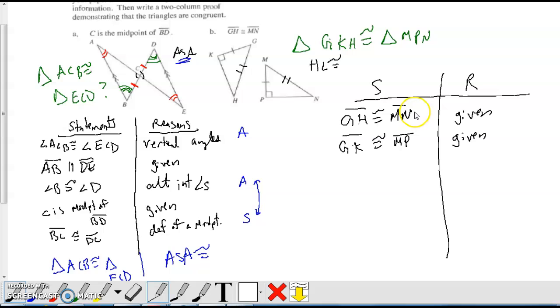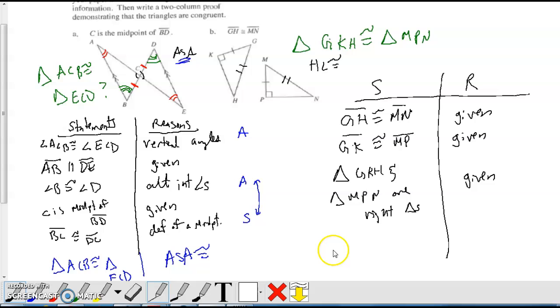Now, just because you have two line segments, right, for hypotenuse leg, we technically have everything, we do need to include that these are right triangles. So I'm going to say that triangle GKH and triangle MPN are right triangles. And again, technically, that is given information.